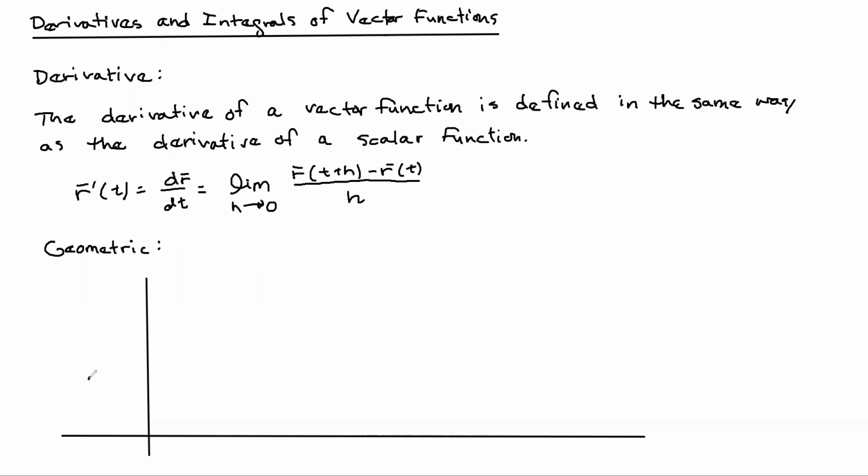And let's say we have a vector function. This is r of t. Okay, so what would this produce geometrically on our picture if we go through and calculate it? First, let's find the derivative at a specific point.